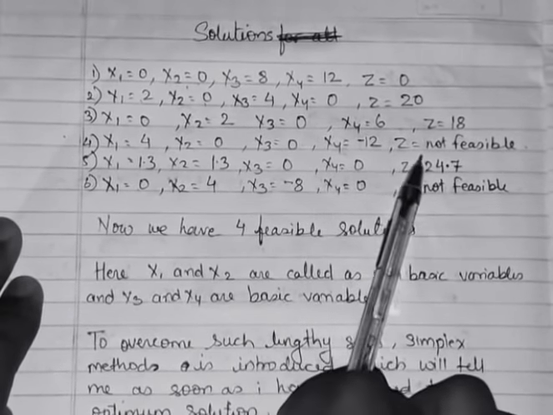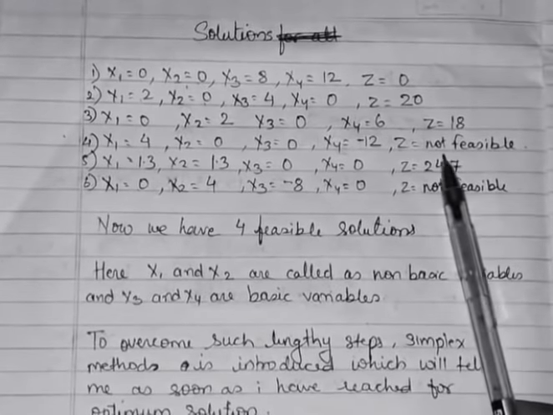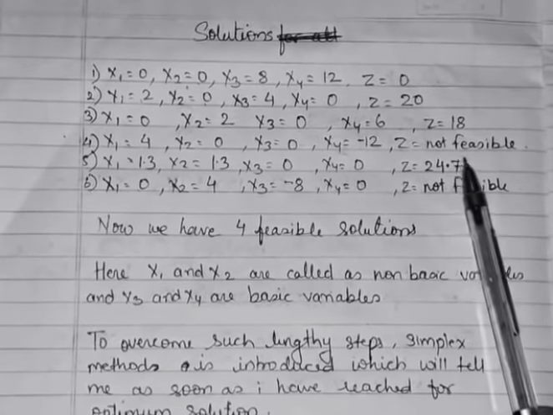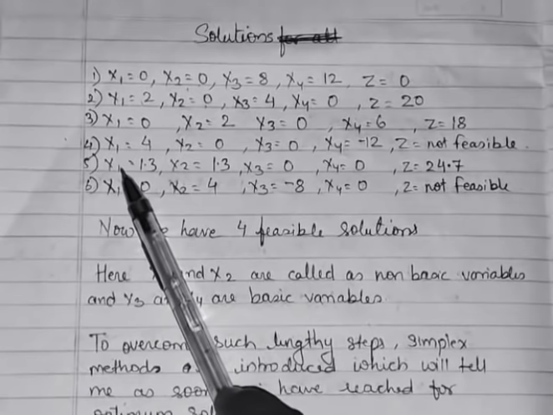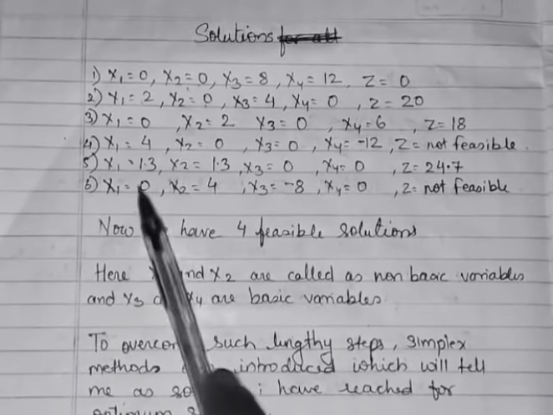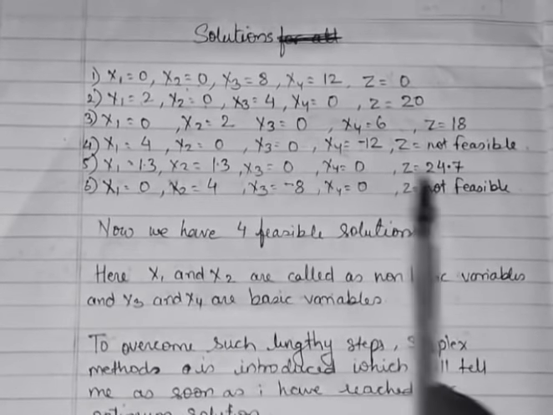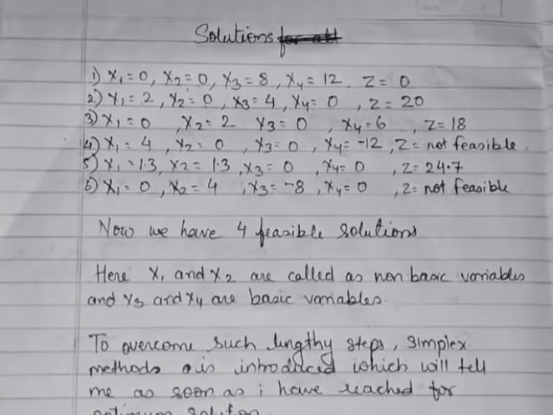Next was minus, so we don't need to calculate. I'd get some objective function value because x4 as 0, so 10 into 4 is 40, but since x4 can't be negative, this is an infeasible solution. Next one was by putting x3 and x4 slack variables as 0 and finding x1 and x2, right? In that way I'll get 1.3, 1.3 and z is 24.7.